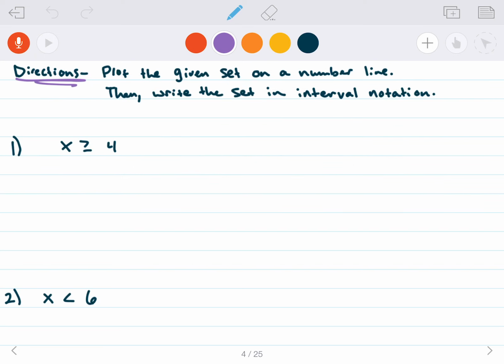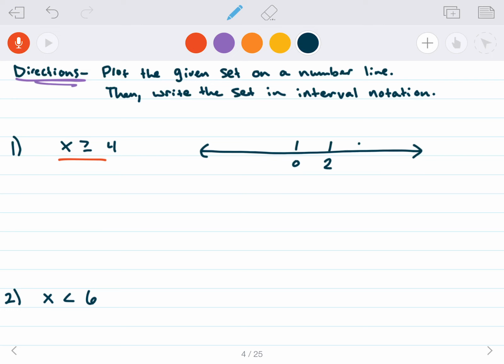All right, the directions say plot this on the number line, then write the set of numbers in interval notation. So what does this say? It says all numbers bigger than or equal to 4. So here's our number line. I'm lazy, as some of you will know.